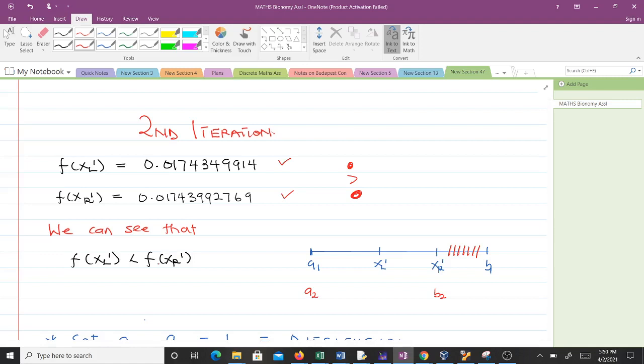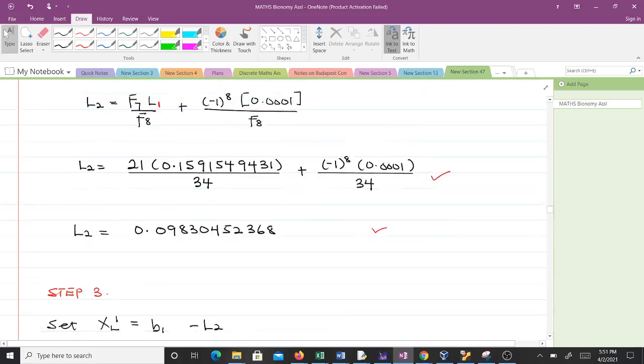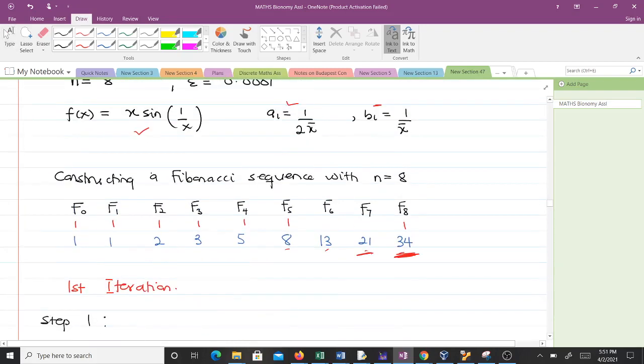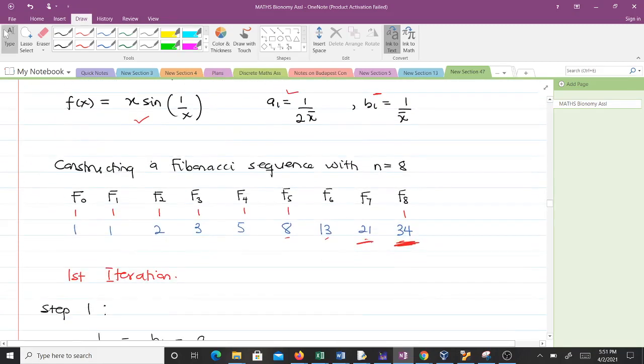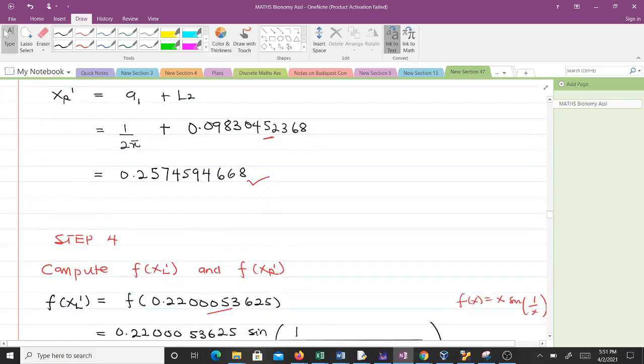So as a result of that, the function said we should find the minimum, right? So let's go back to where we got into.